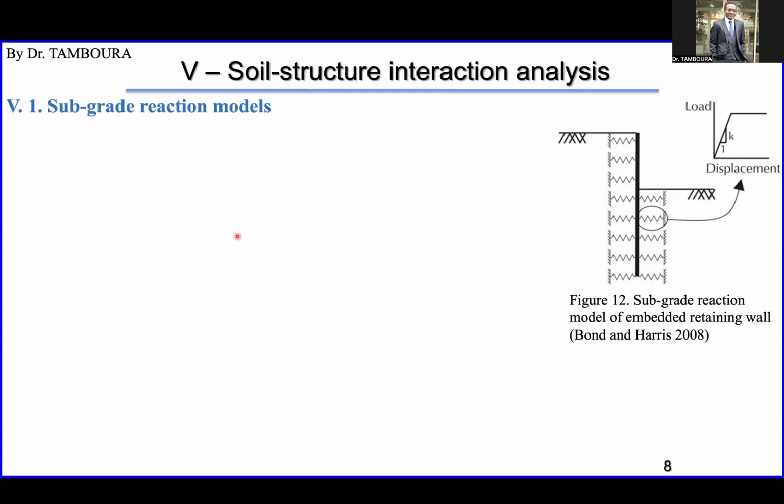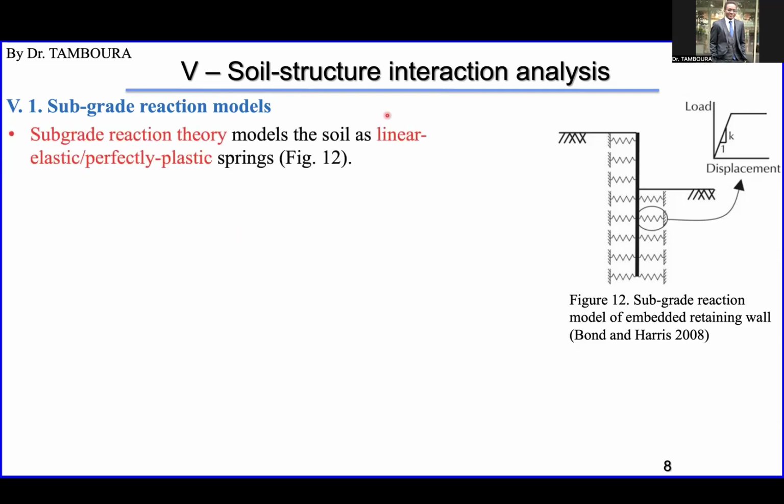Okay, so we say there are two models, right? The subgrade reaction model and the numerical model. So let's start with the subgrade reaction model. This model's theory is linear elastic, perfectly plastic, and this is the figure. The soil is modeled as springs.